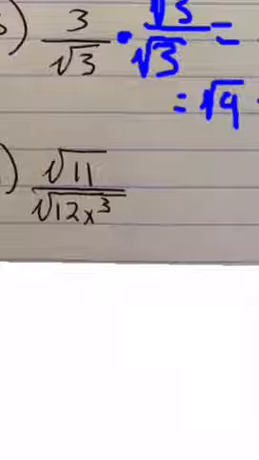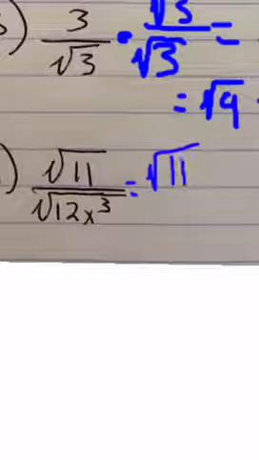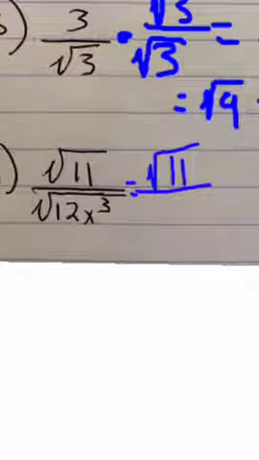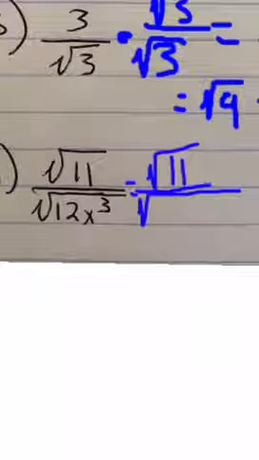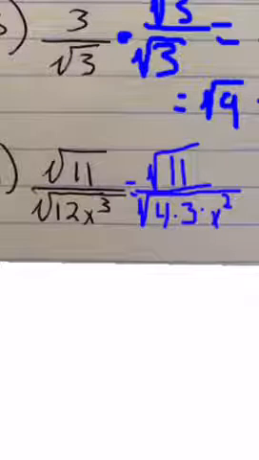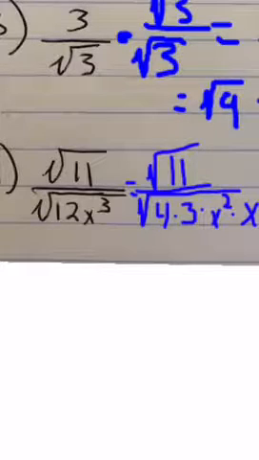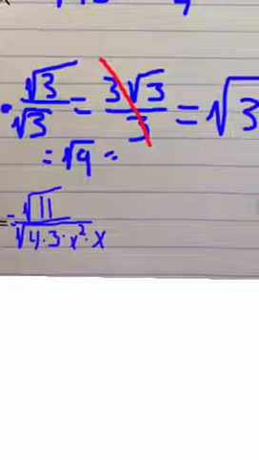We're going to leave that square root of 11 up top. I can't do anything with that. But the square root of 12 times x to the 3rd power, we can break that down into 4 times 3 times x squared times x. Why would we do that? Well, because we can now simplify that further.